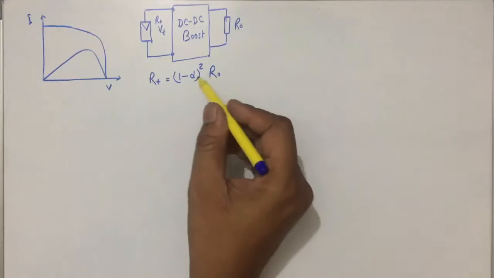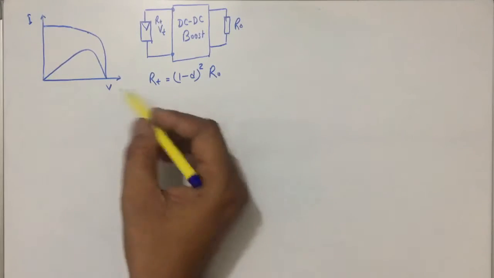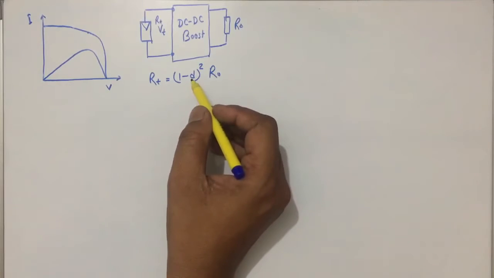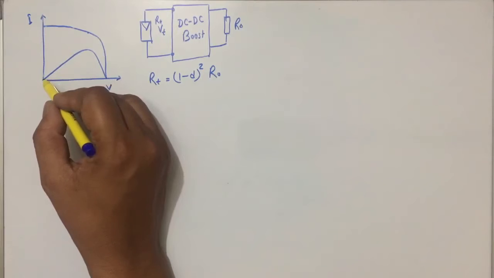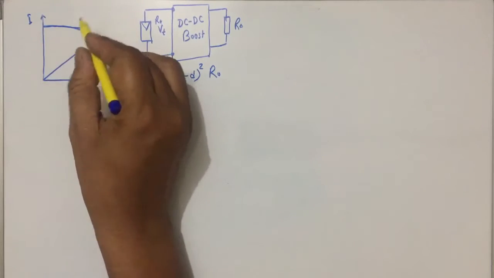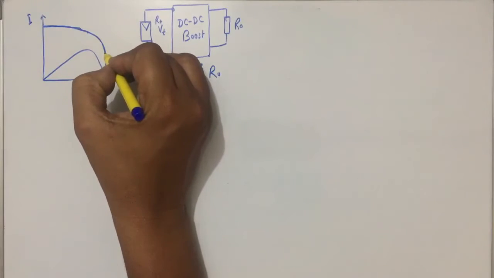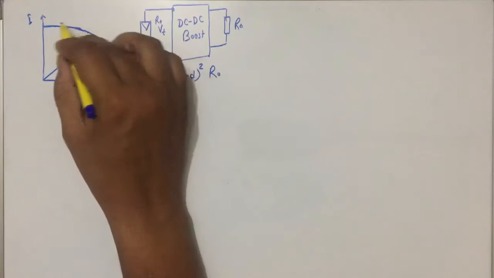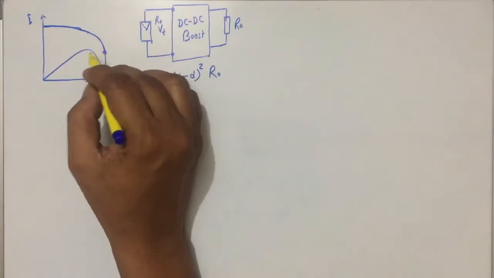So when D was 0, then anyway we will not comment on the value of D again. So the operating point we obtained in the case of boost converter was somewhat here, from here to here.